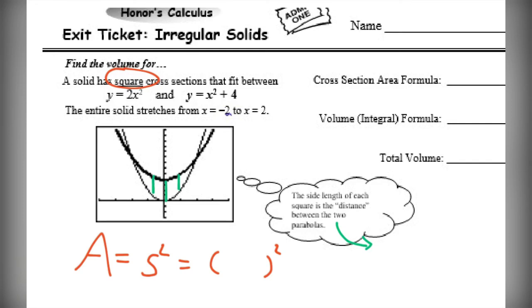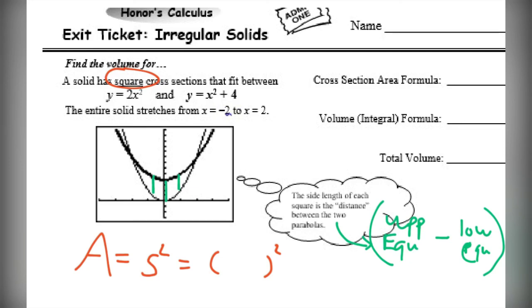You see, a distance is always going to be the subtraction or the difference between your two equations. So in this case, it would be the upper equation or the upper graph minus the lower equation or the lower graph. And if you subtract your two equations, you're going to get the distance between them.